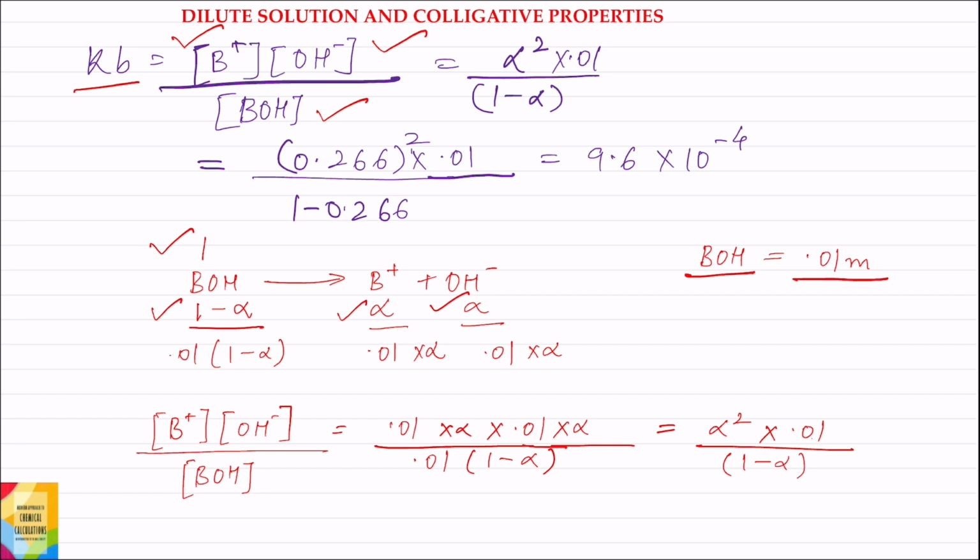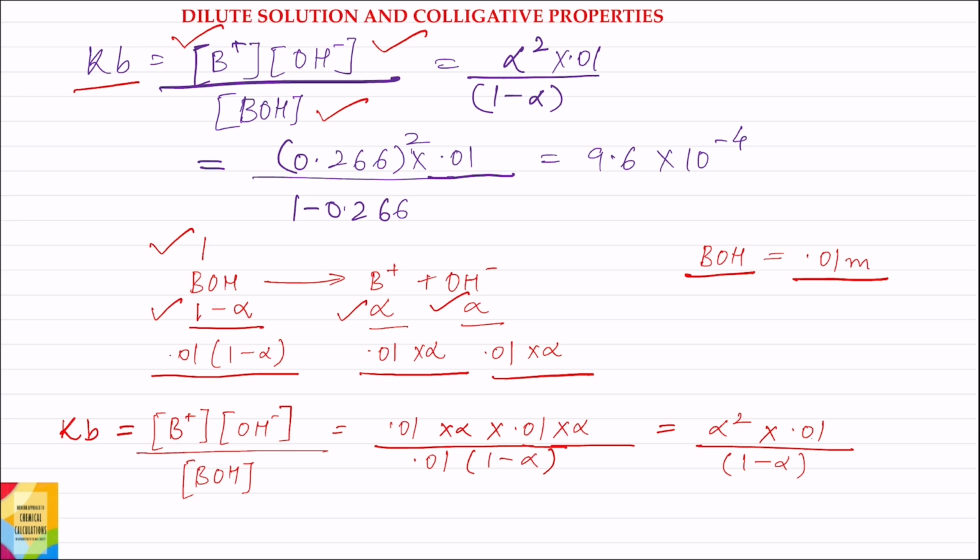So when the initial concentration of BOH is 1 mole, the concentration of B plus and OH minus ions is alpha moles, and when the initial concentration of BOH is 0.01 moles, then the concentration of B plus ions will be 0.01 into alpha, OH minus ions will be 0.01 into alpha, and the remaining BOH will be 0.01 into 1 minus alpha. Now the value of Kb is equal to B plus ion concentration into OH minus ion concentration divided by concentration of remaining BOH.